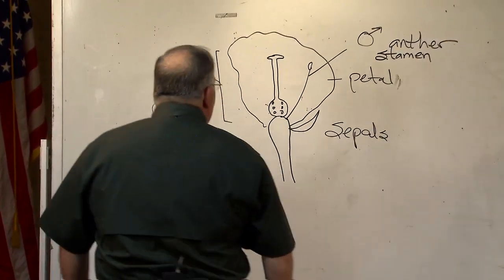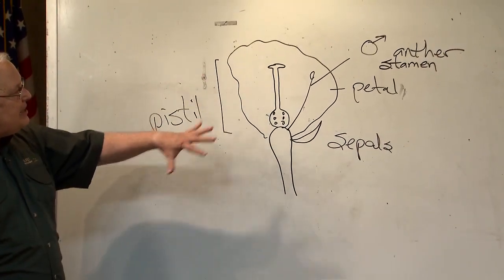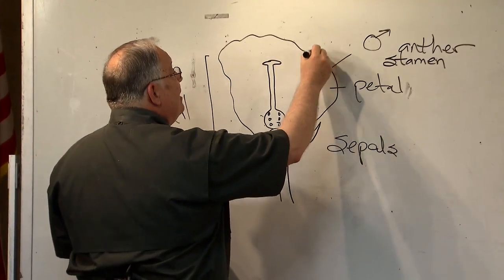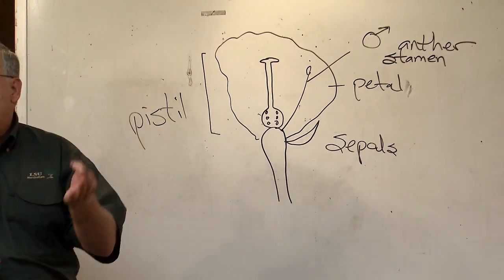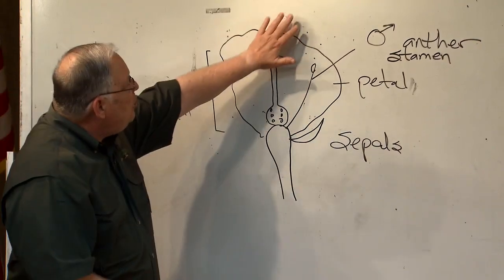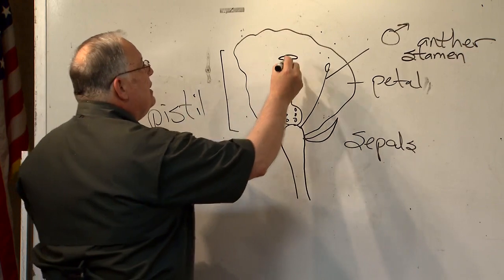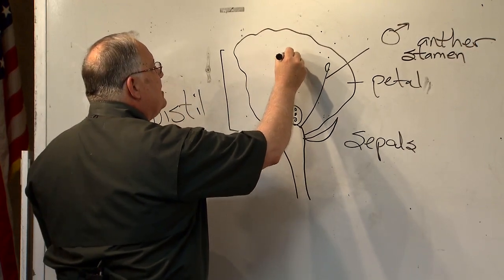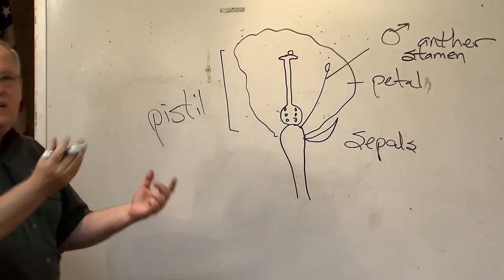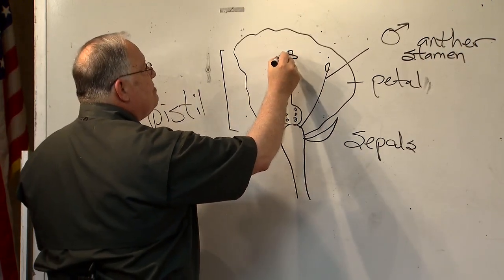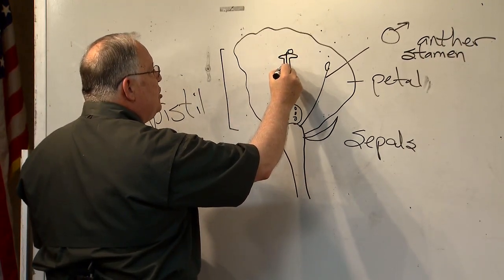So, how does sexual reproduction take place in plants? Well, the stamen produces pollen grains, and these pollen grains contain the male nucleus. This is the sperm of the plant. The pollen gets transferred to the stigma by one way or the other, wind, insects, whatever's doing it. And once the pollen grain lands on the stigma, the pollen grain grows a tube.